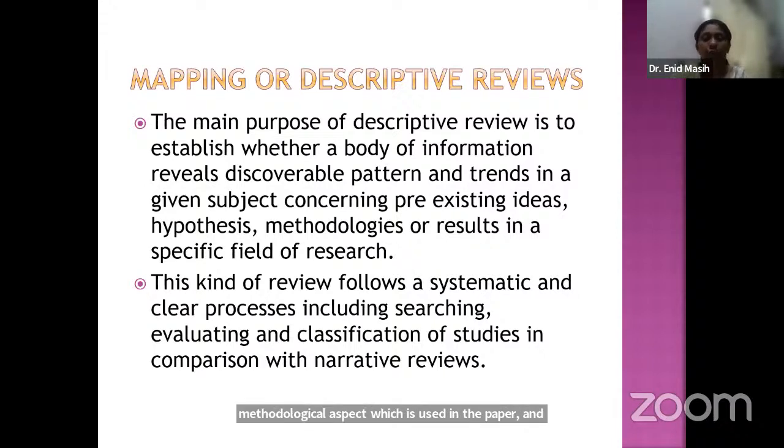And this kind of review allows a systematic and clear process, including searching, evaluating, and classification of studies.